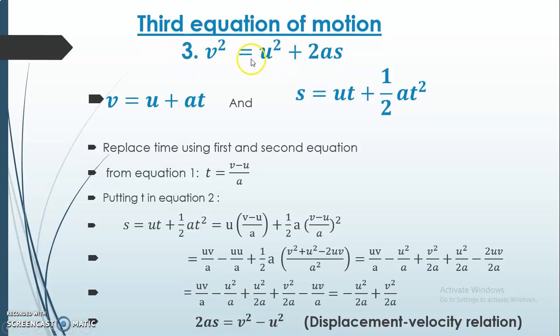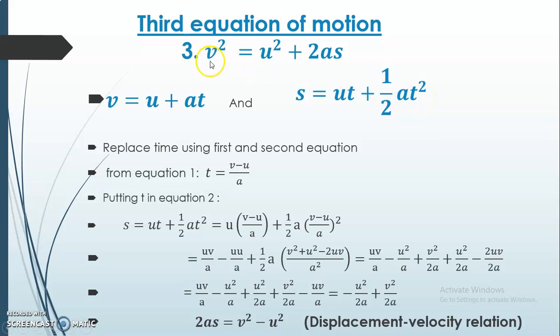So for proving this third equation, we should know the first equation also and the second equation also. So the first equation is v is equal to u plus at, and the second equation is s is equal to ut plus half at square.